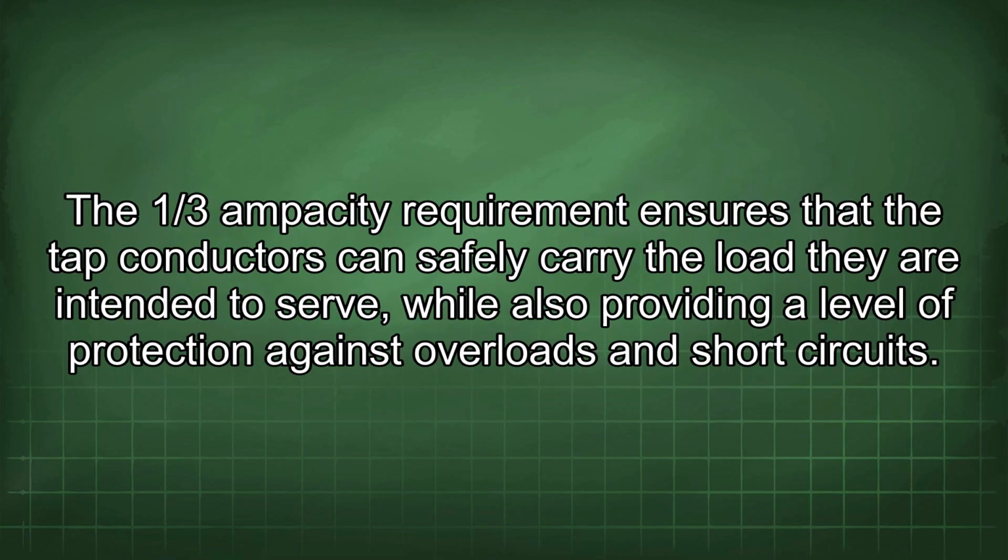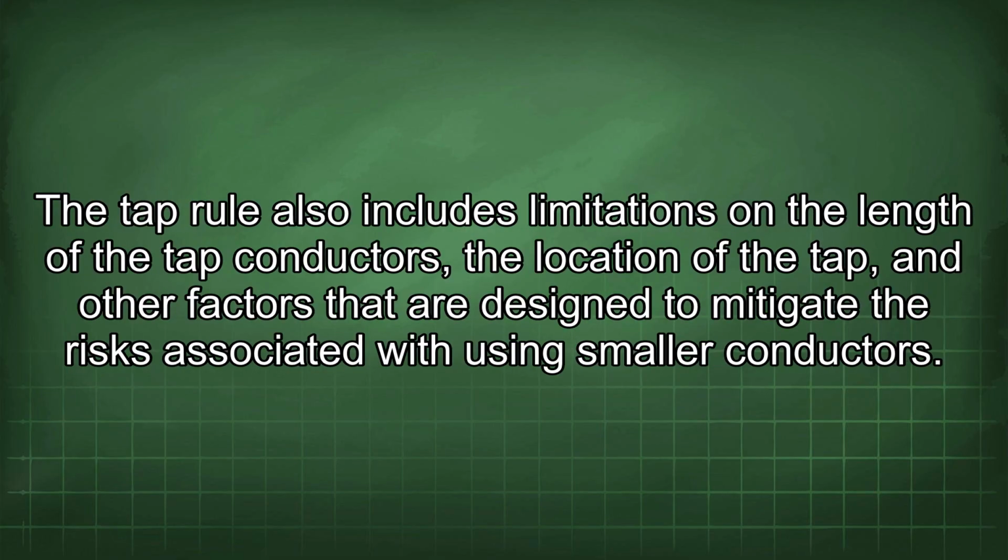The 1/3 ampacity requirement ensures that the tap conductors can safely carry the load they are intended to serve, while also providing a level of protection against overloads and short circuits. The tap rule also includes limitations on the length of the tap conductors, the location of the tap, and other factors that are designed to mitigate the risks associated with using smaller conductors.